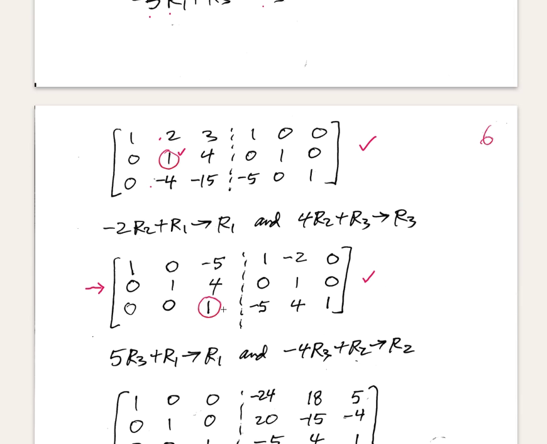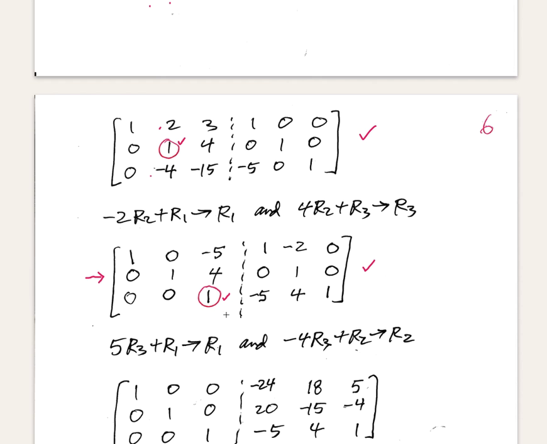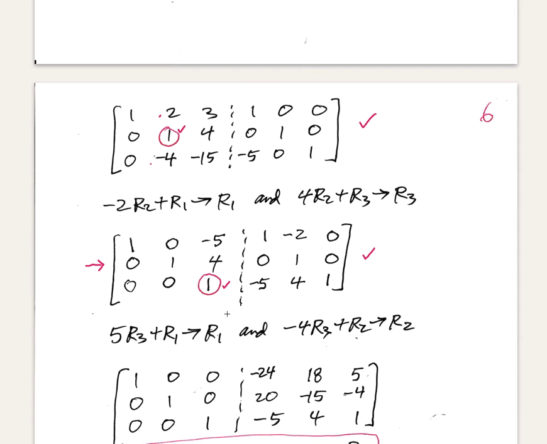Once again, this is a really nice one. Yes, this wasn't randomly chosen. This was chosen to be nice, to illustrate for you. I love that one right there. I want to keep that one right where it is. It's perfect. I don't want to mess around with anything. I've got a 1 where I want, so this is my pivot.